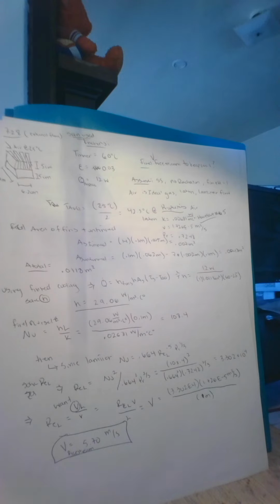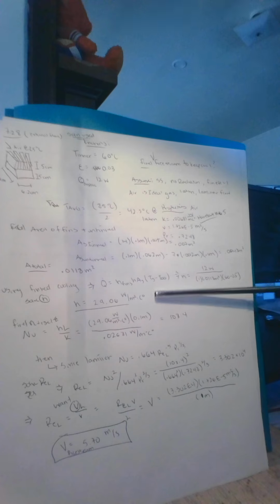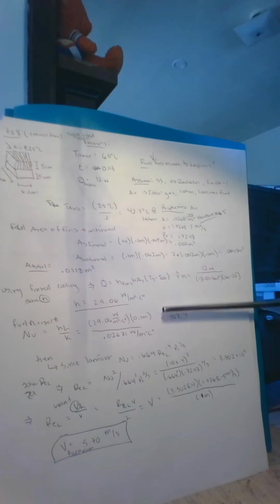To get this, we used properties again. Instead of the temperature given, we used the T average, since there's an average temperature between the surroundings and the fin surface area. We get this value, we get the properties, and then we find the areas of the fins so that we can find heat transfer for the fins, which is then solved for with the Nusselt number to get h, or to get the Nusselt number.